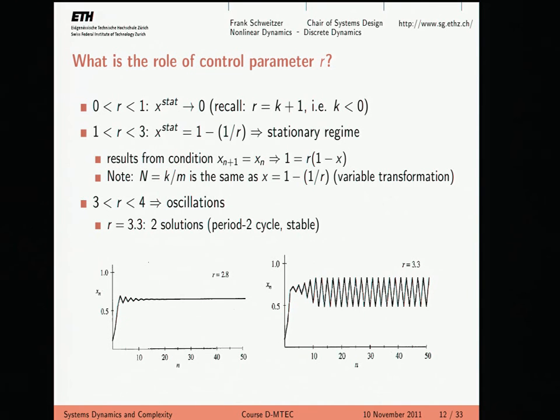So we simply make these two things equal. So r times x_n times 1 minus x_n is equal to x_n. x_n cancels, and you're left with the stationary state.